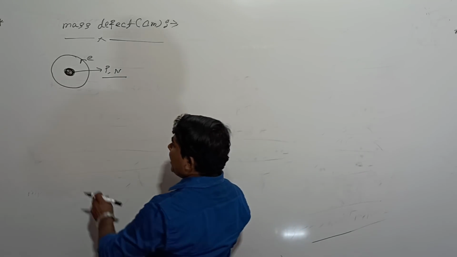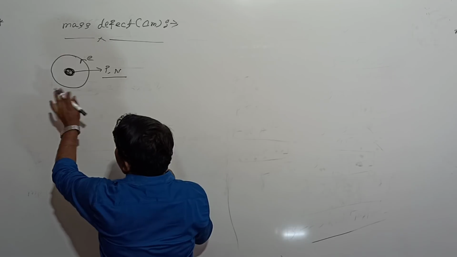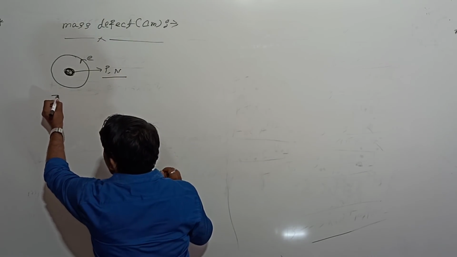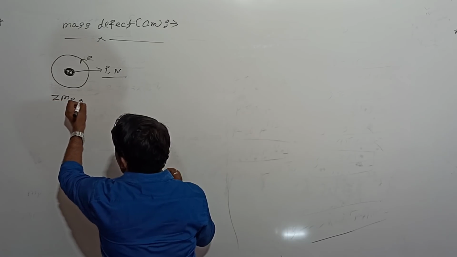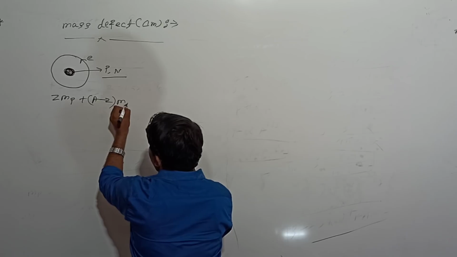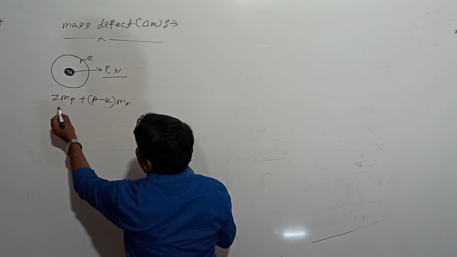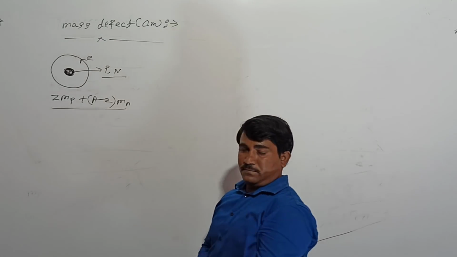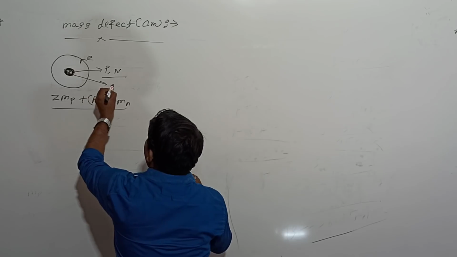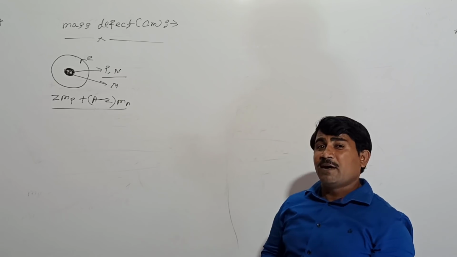See here, how to represent the masses of the nucleons? The masses of nucleons is the sum of the protons and neutrons. Z into mp, where mp is the mass of the proton, then A minus Z into mn represents the masses of neutrons. Let us take capital M to represent the actual mass of the nucleus.